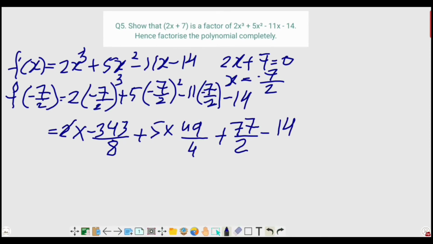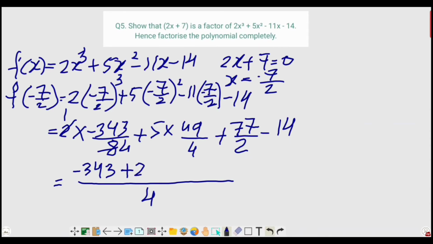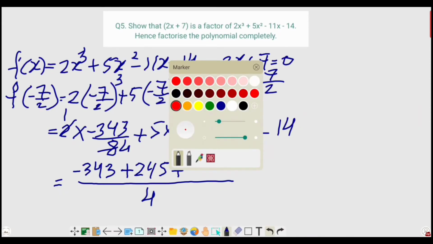You can reduce this. Now I will make all the denominators 4. And when I simplify, I will get minus 343. 5 into 49 will give you 245. Now here the denominator is not the same.